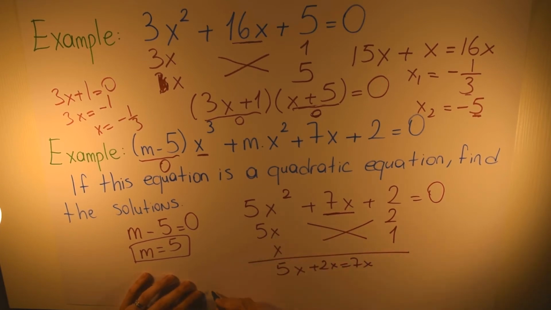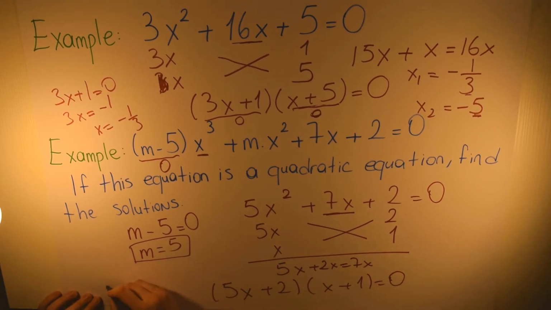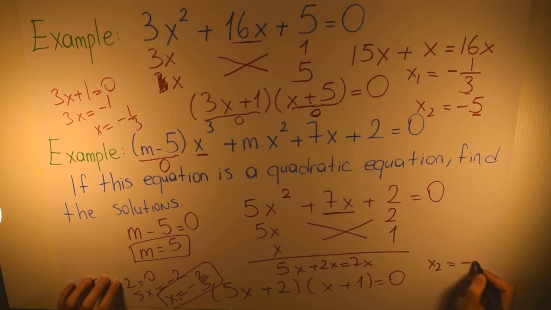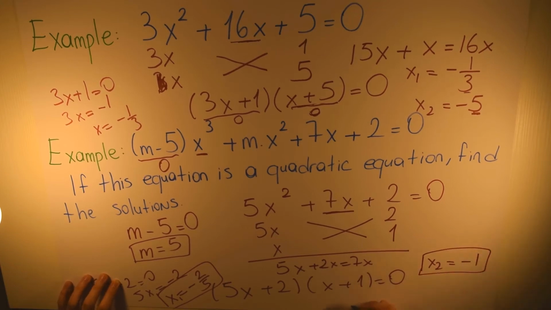Let's write them like this: 5x plus 2 times x plus 1 is equal to 0. So 5x plus 2 is equal to 0, 5x is equal to minus 2, and our first solution is minus 2 over 5. Our second solution is minus 1. So our solution set is minus 2 over 5 and minus 1.